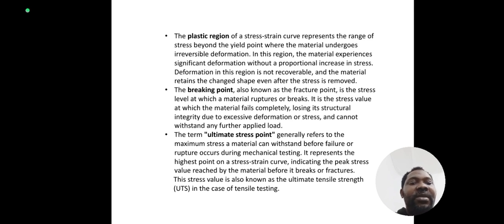During mechanical testing, it represents the high point on a stress strain curve, indicating the peak stress value reached by the material before it breaks or fractures. This stress value is also known as the ultimate tensile stress in the case of tensile testing. That's important for us to know.